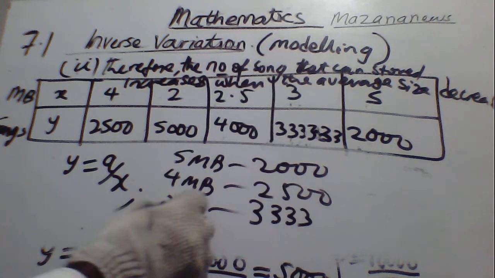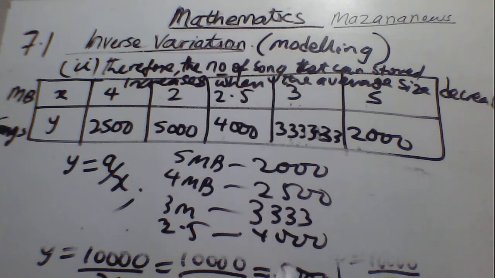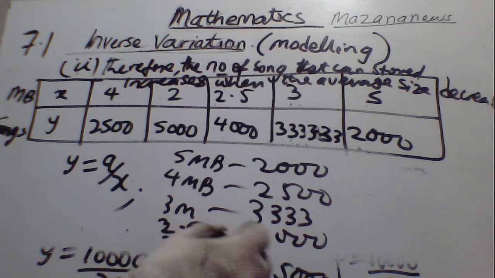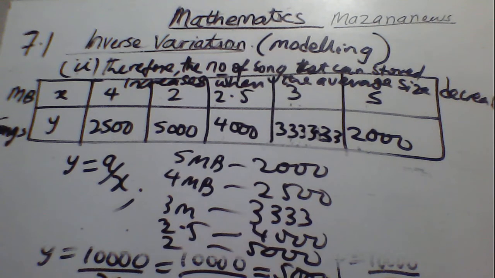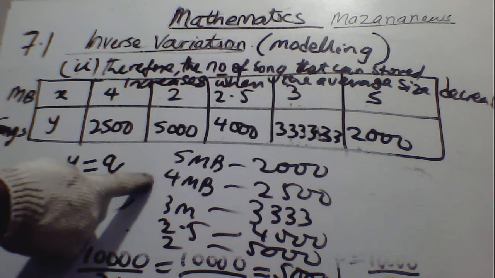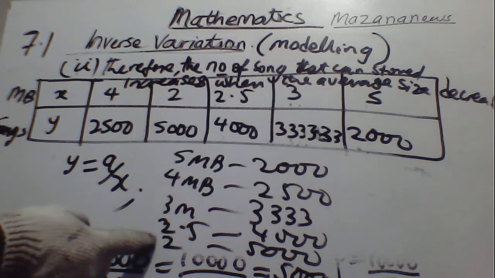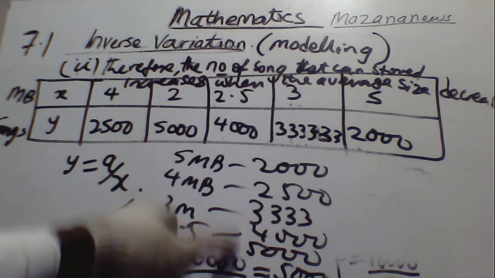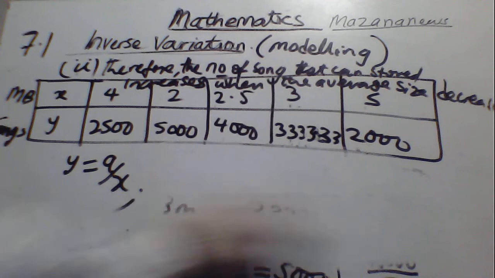When we have 2.5, it is 4,000. Looking at this set, is it not increasing? When we have 2 megabytes, we have 5,000. So when the average size of the song is decreasing from 5 to 2, the number of songs is increasing from 2,000 to 5,000, because it's inverse variation.